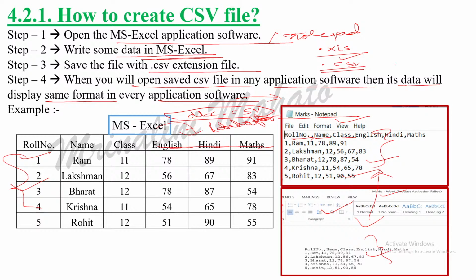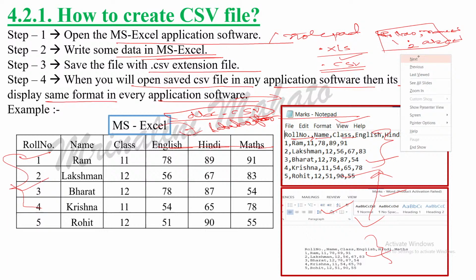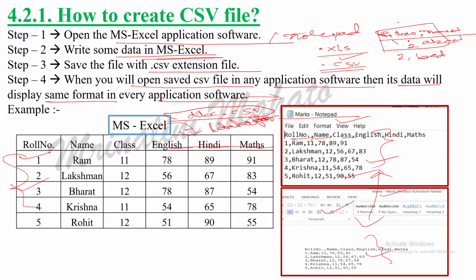How will you write some data in Notepad, because Notepad has no tabular format? So here I will write roll number, 2, comma, then B, C, D. So 2 data, and this is the heading. Now you have to save the Notepad file also as .csv only, because Notepad applications accept the text file.